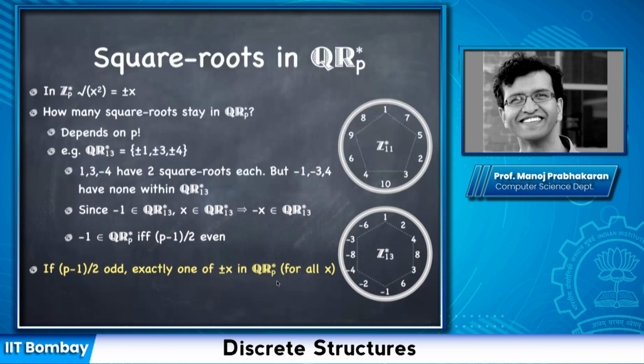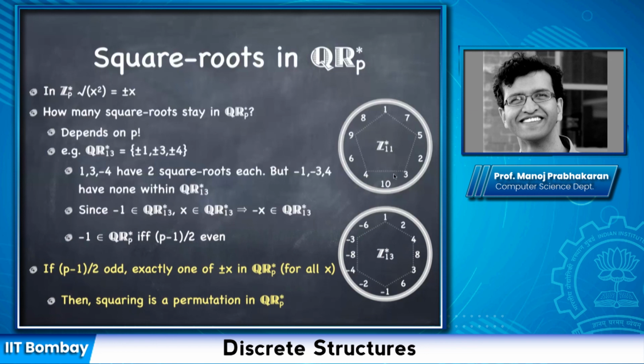Okay, every element has a square root and it is unique, which means squaring is a permutation. You can invert squares uniquely. So squaring is a permutation in QRP star. And you could work out, in this case of examples, 5 squared is 25, which is 3, and then 3 squared is 9, and so forth.